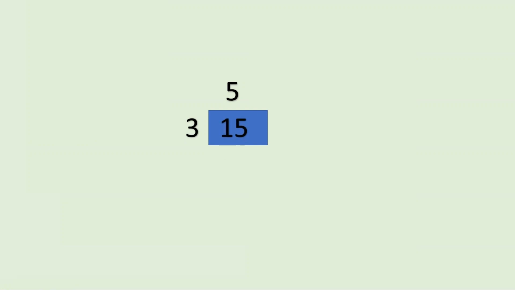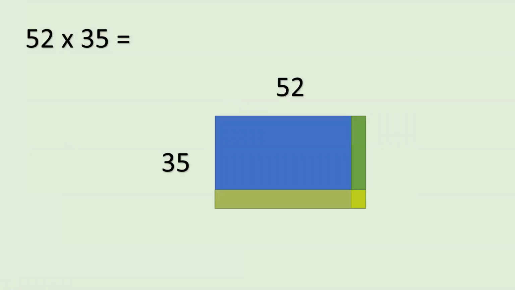So we can use this idea of area to help us. Let's look at 52 times 35. Well, I just made one box. Pretend it's all the same color. Pretend you are only seeing all the same color. And instead of it being 52 by 35, why don't we say the top is 50 plus 2 and the side is 30 plus 5, right? Why'd you do that, Mr. Stahl?